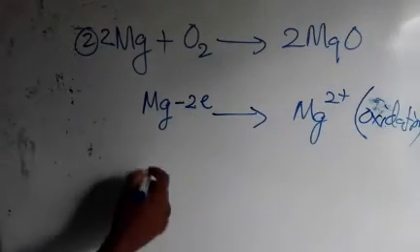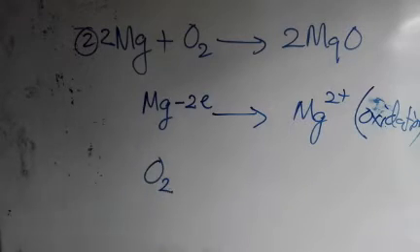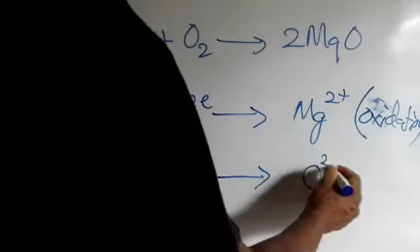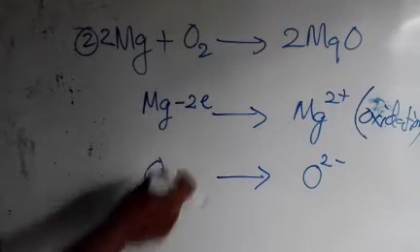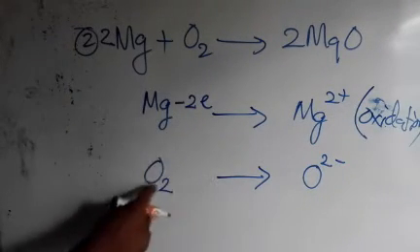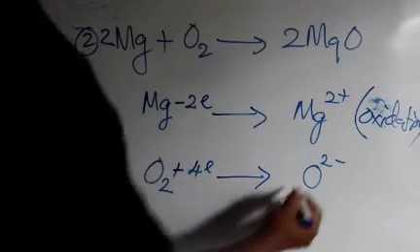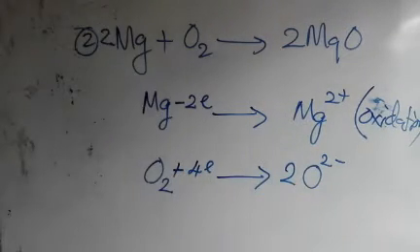Sorry, this is an oxidation, right? Removal of electrons is oxidation. The next one, oxygen will gain electrons to become oxide ions. So it gains 2 electrons, but since there are 2 atoms, 4 electrons. Okay, so that's a reduction.